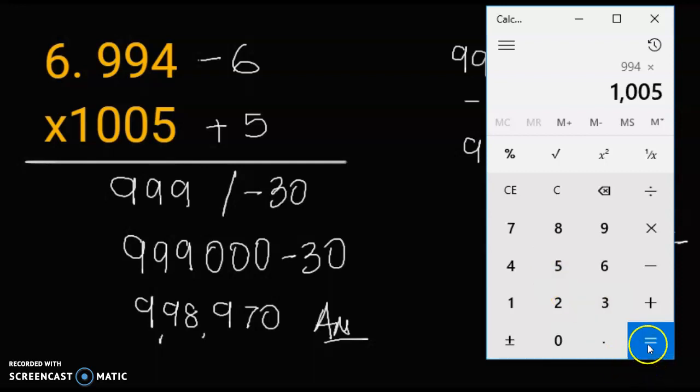That gives you the answer 998,970. So this is how the application of Vedic maths gives the result very fast, as you must have observed so far.